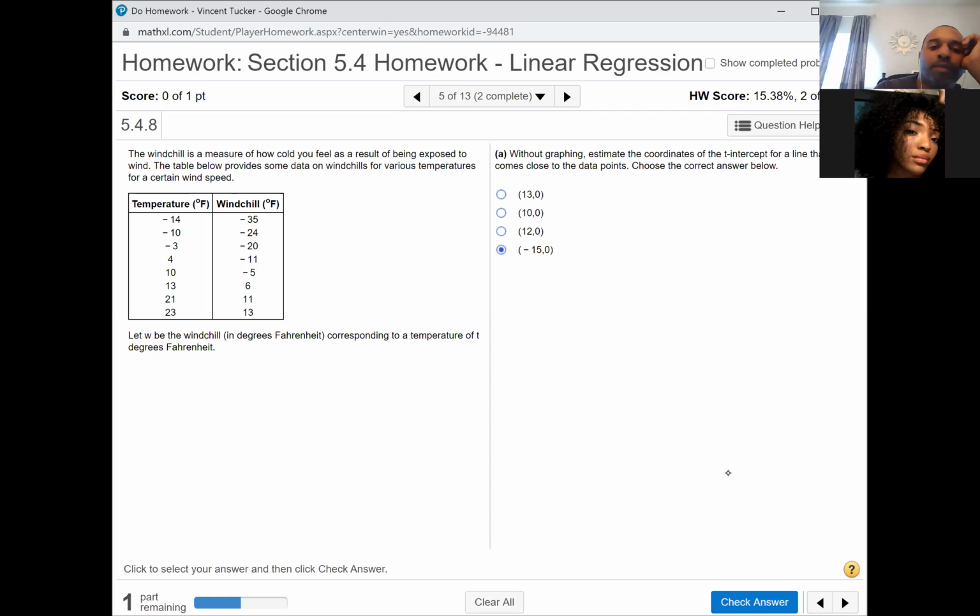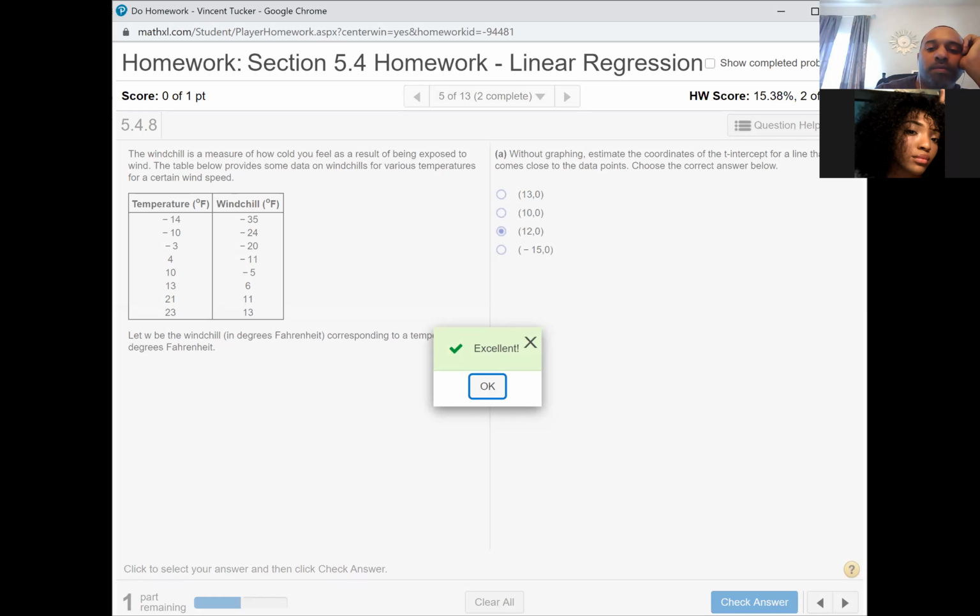So it goes from negative 35, negative 24, negative 20, negative 11, negative 5. Then it goes to positive 6. So the 0 is in between negative 5 and 6. Then if we look to the right, my temperature coordinate should be between 10 and 13. So the value that's in between 10 and 13 is right here at 12. So 12, 0 would be that.